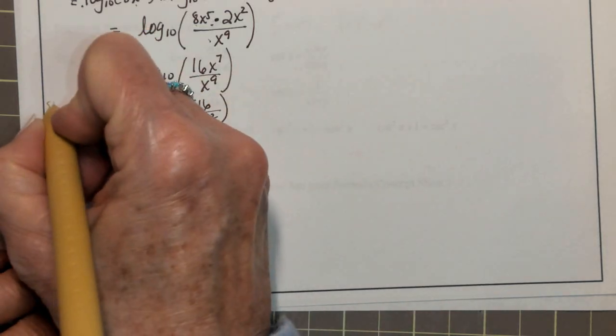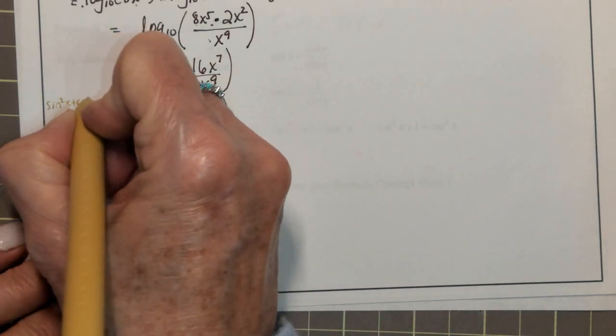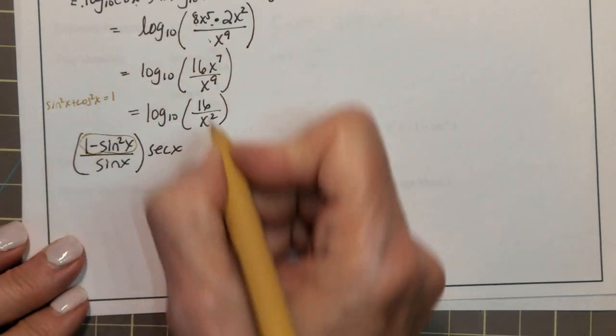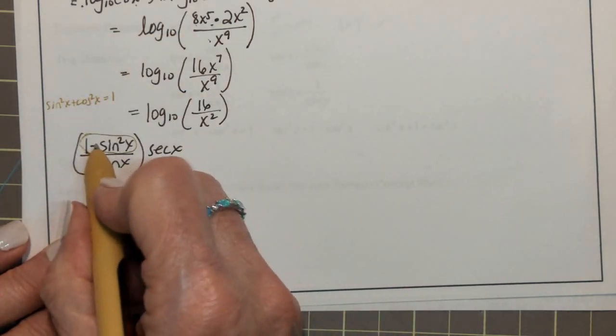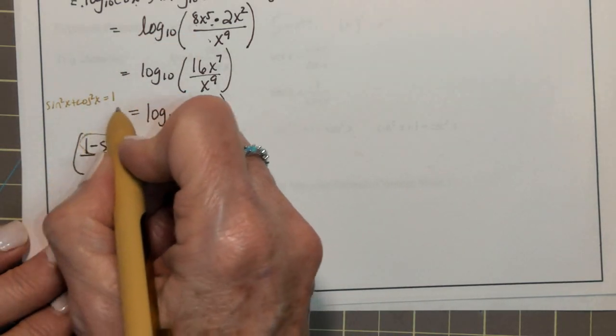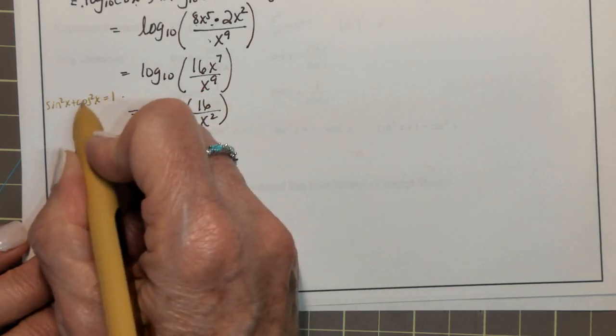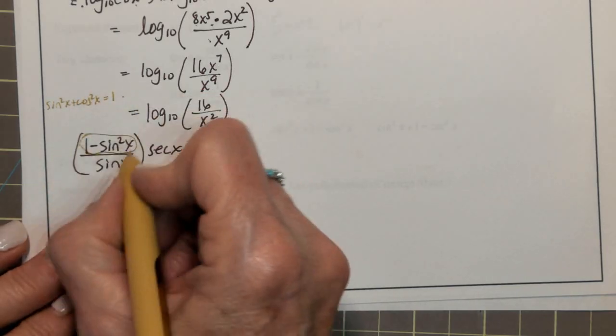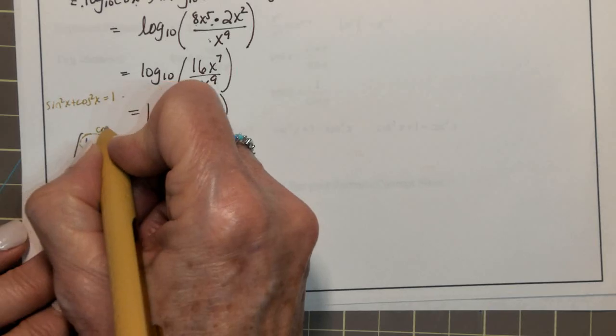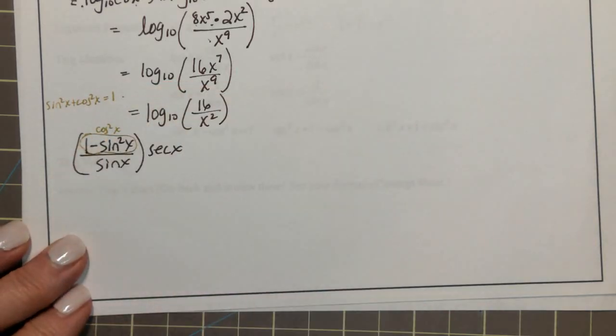I know sine squared plus cosine squared is 1. So I have 1 minus sine squared, which is the same as cosine squared.